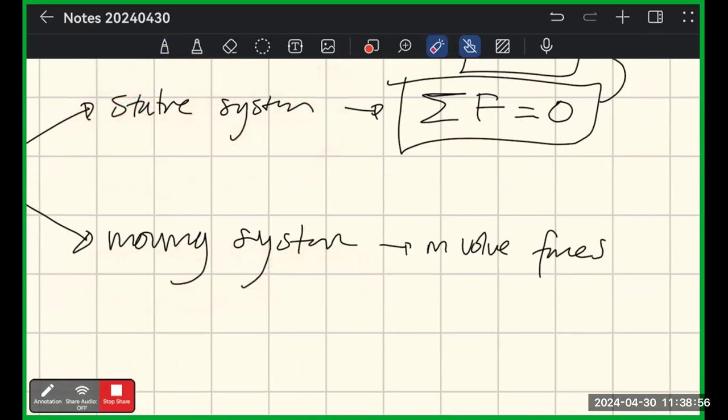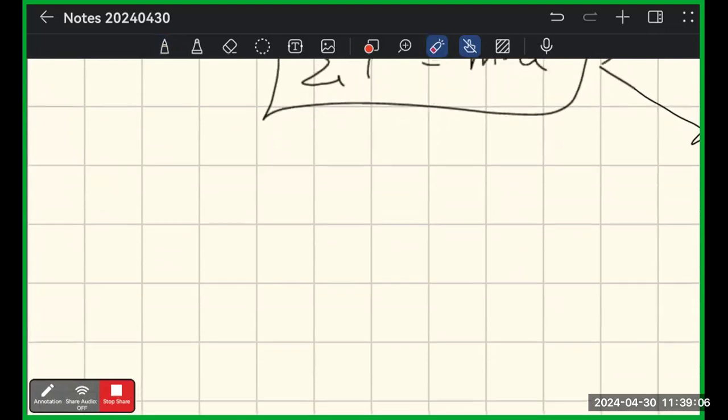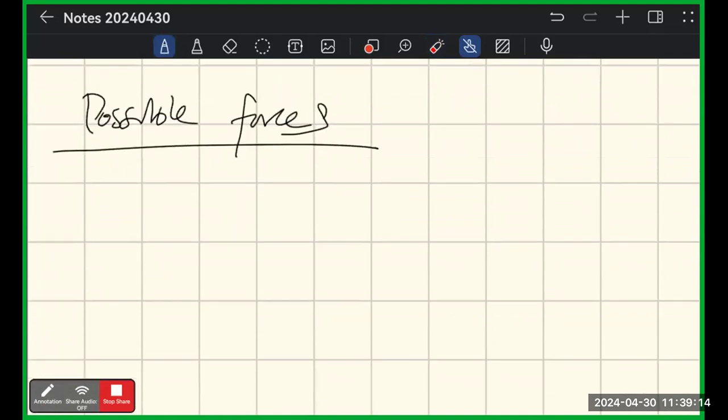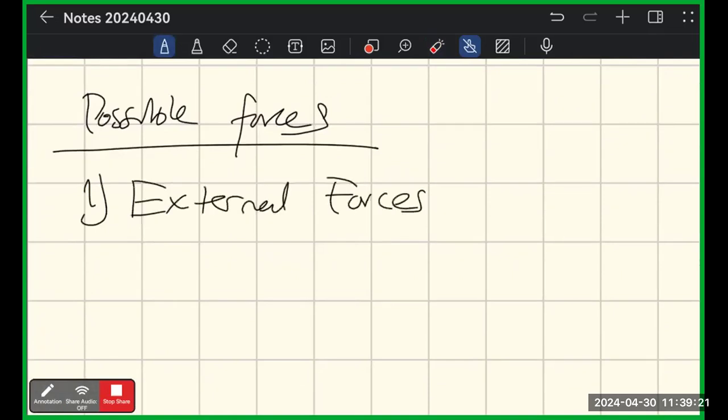So before we jump into the questions, I would like to give you guys a little bit of info about the possible forces that you can have. One is external forces, which are forces given by anything. They're usually represented by an arrow.